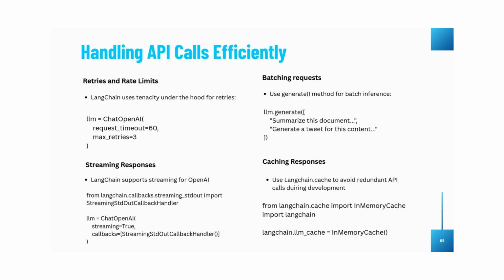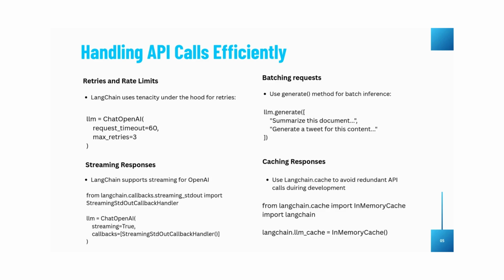Every call to an LLM API consumes time, uses tokens, and can fail due to rate limits or network issues. LangChain offers several built-in strategies to optimize these calls. Let's see the top ones today.